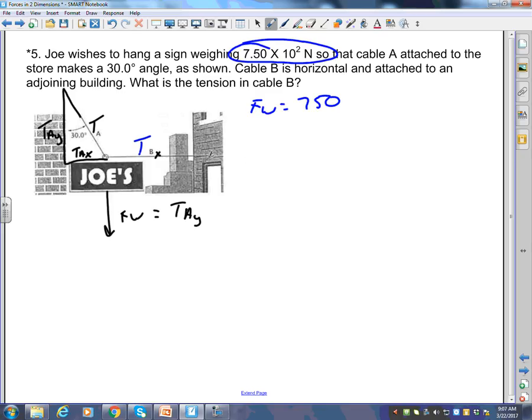You would say that the F net Y would be 0. Why 0? Because it's at equilibrium. And what makes up F net Y? F net Y is made up of TAY plus FW, which have to be equal to 0.